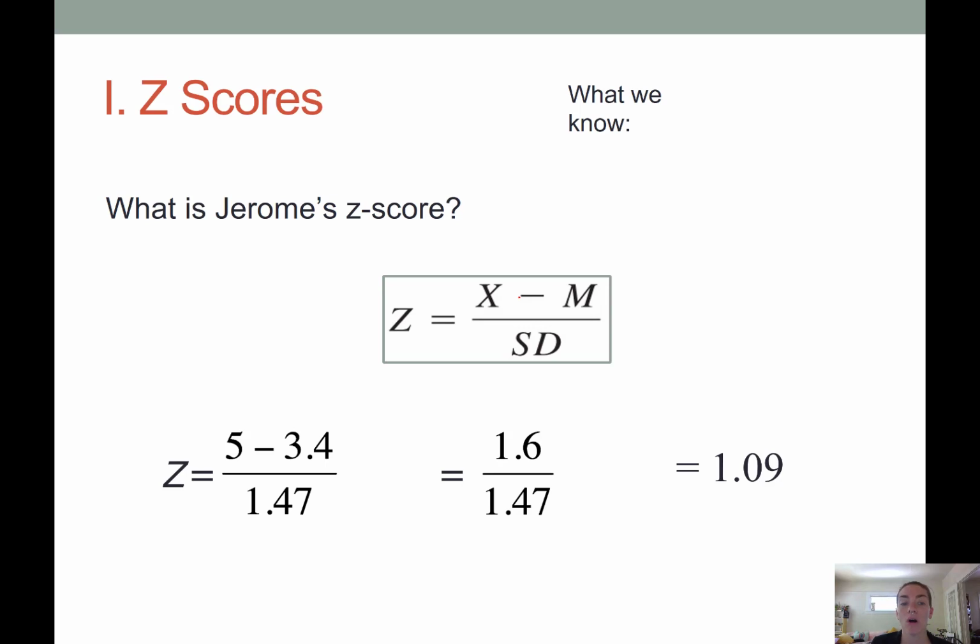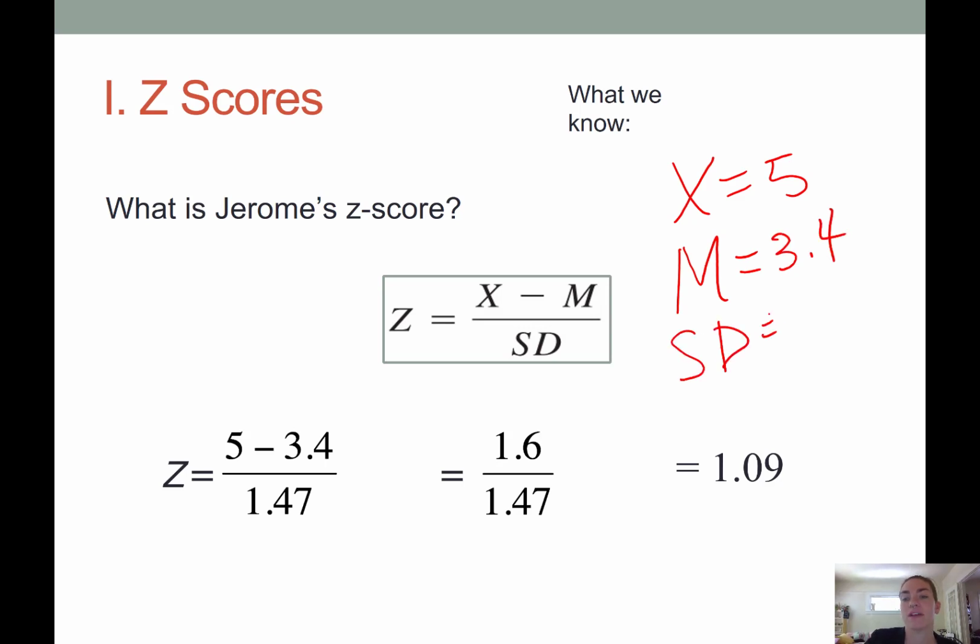So if we do know that the mean of the sample on morning personness is 3.4 and the standard deviation is 1.47, and we know that Jerome's score is 5, then we can just plug in all of those pieces, right? We know that Jerome's score, x, is equal to 5. I know that the mean for the sample across all the participants is 3.4, and I know that the standard deviation across all the participants was 1.47.